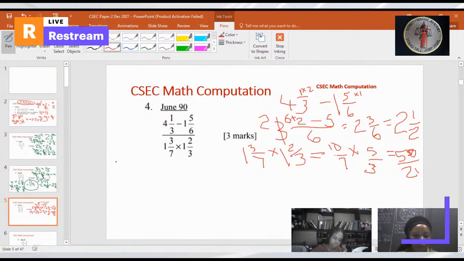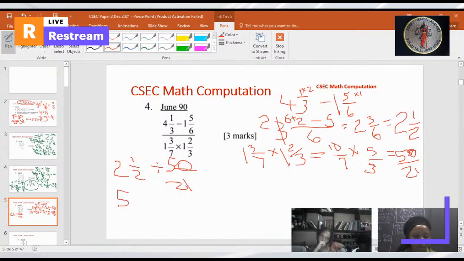So it's 2.5 divided by 50 over 21. The 2.5 as an improper fraction is 5 over 2.